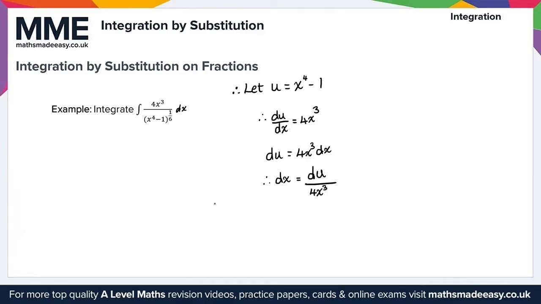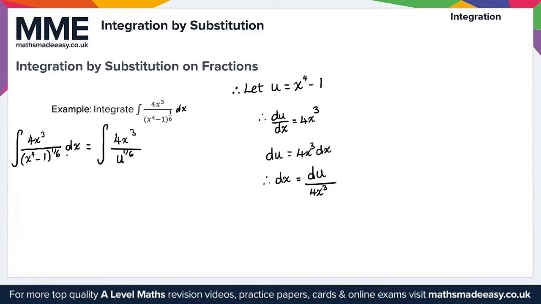Okay, so we've got everything we need now. All we simply need to do is rewrite our integral. So the integral of 4x cubed over x to the 4 minus 1 to the power of 1 over 6, with respect to x. Rewriting this now, this becomes 4x cubed over u to the 1 over 6.